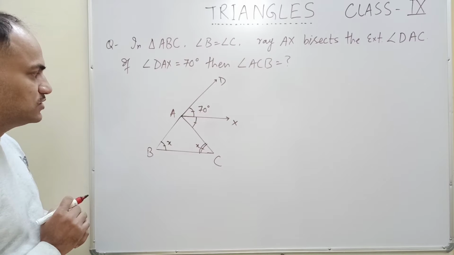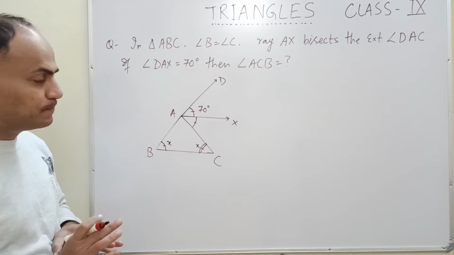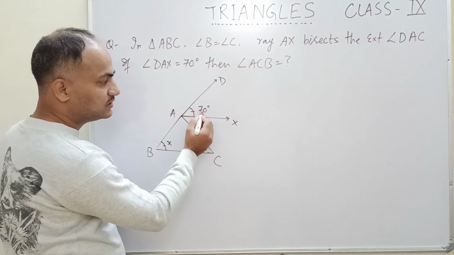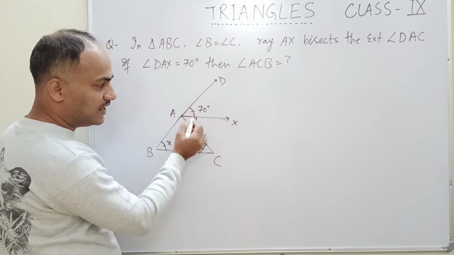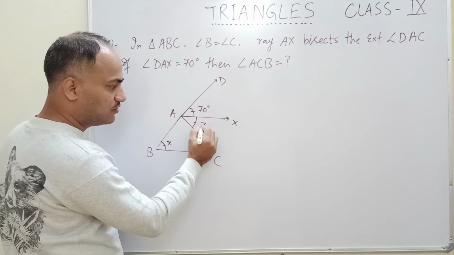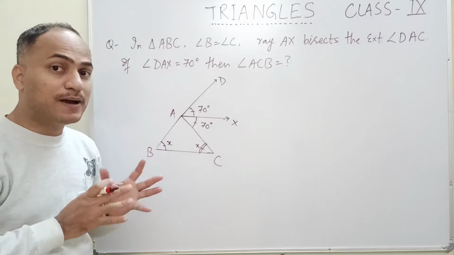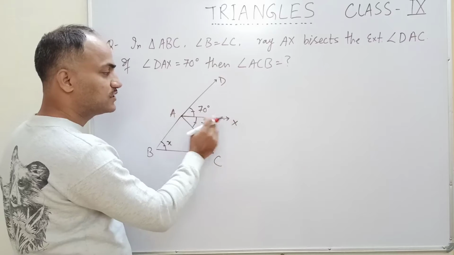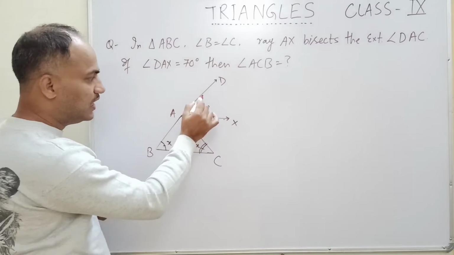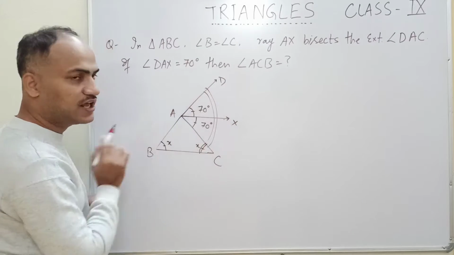So let us start the question. We know the property that when this ray bisects this entire angle, this angle 70 will be here also. So both of them will be equal. It means ray AX bisects this angle. Now this angle is actually an exterior angle.